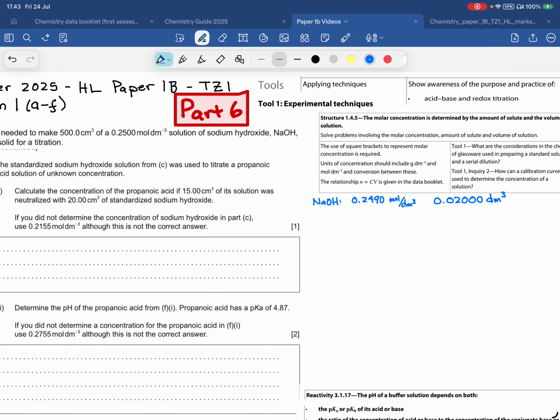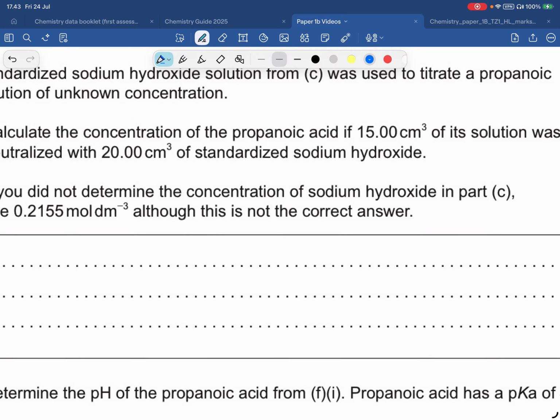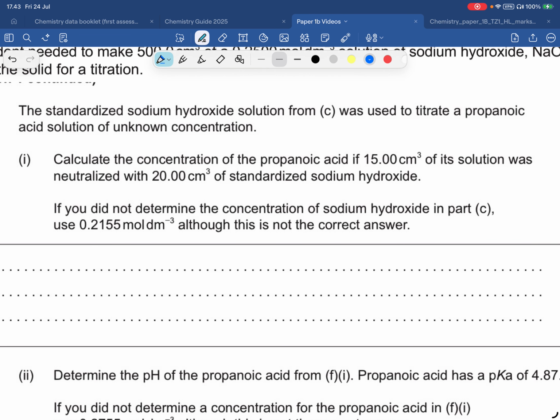Then I've got my propanoic acid. Now, if you've done the whole syllabus at this point, then you know that prop means 3. 1, 2, 3 carbons.